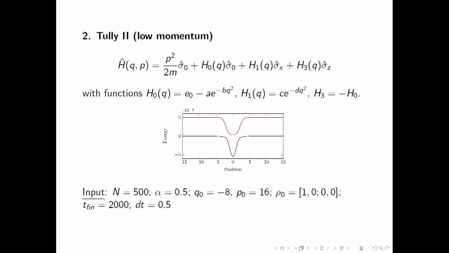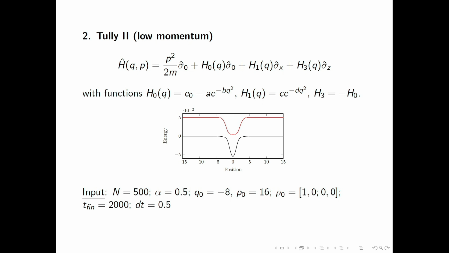So you can think of a potential energy. We place a wave packet on one of these energy surfaces and give the wave packet a push, basically an initial momentum, and then the wave packet travels near this crossing section.